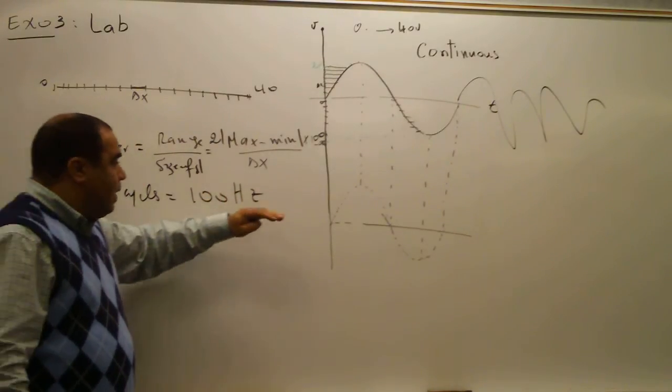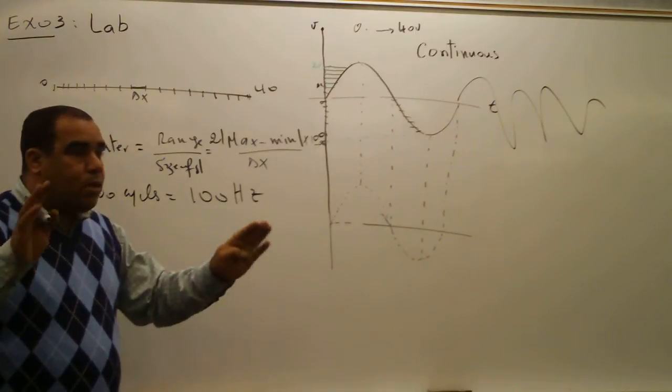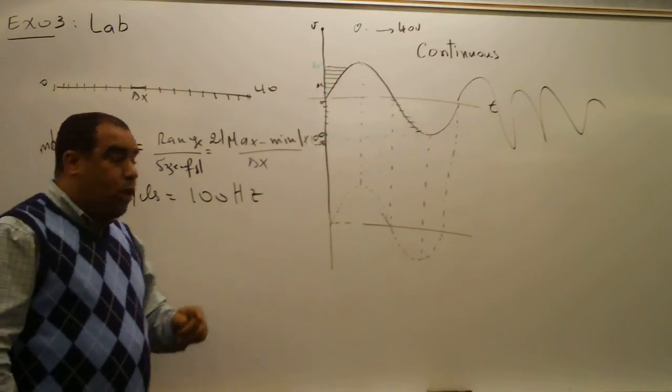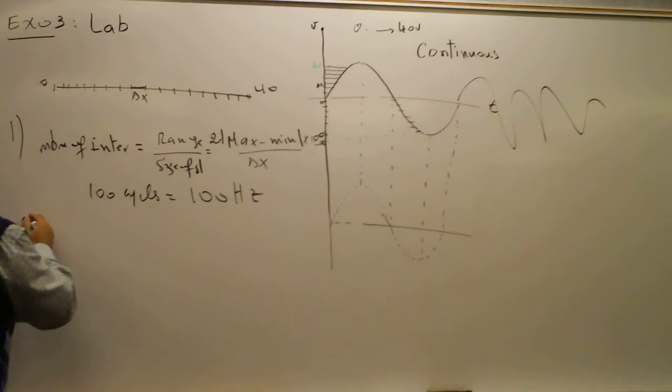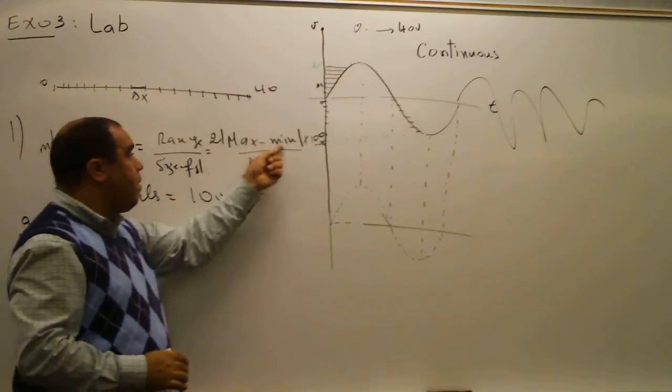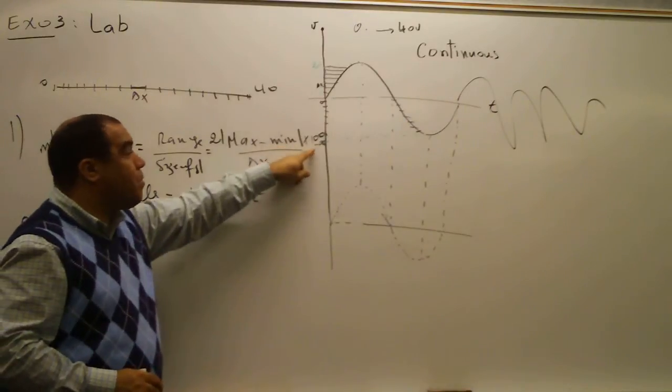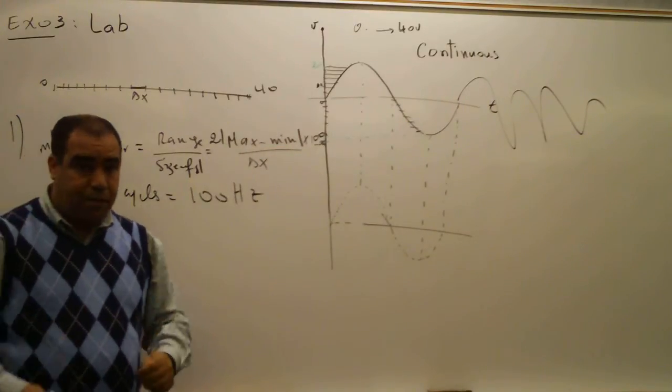Okay? That's it. I have almost solved the problem for you. Now, one more hint. This is the first hint. So I have almost solved the problem. This is, so twice max minus min over delta x times 100 is the number of intervals.